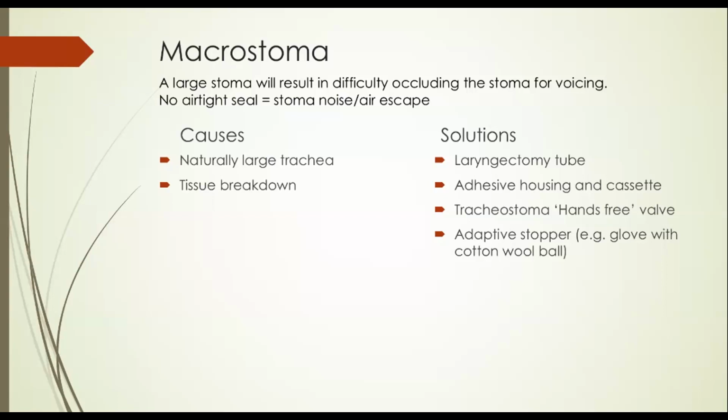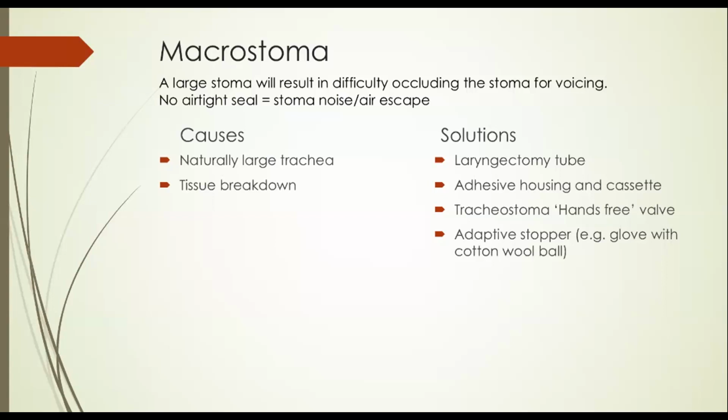There is the hands-free valve that also sits on a casing. That is an adhesive that has an opening that's smaller than their stoma. We don't issue those here just because they're quite expensive and our budget doesn't allow us to do that for our patients, but they are available should your patients need it.